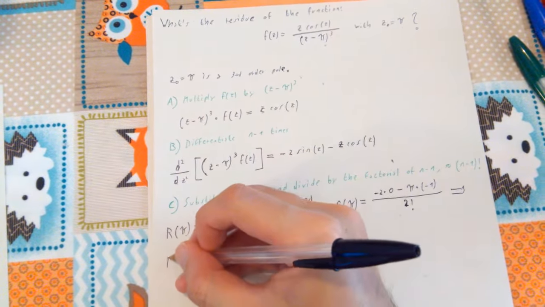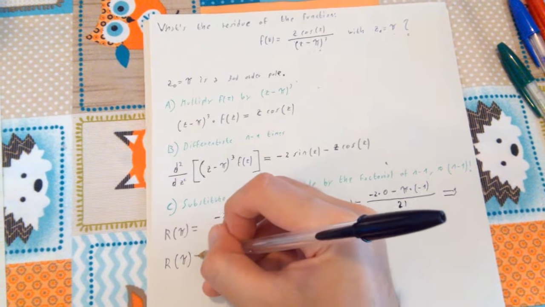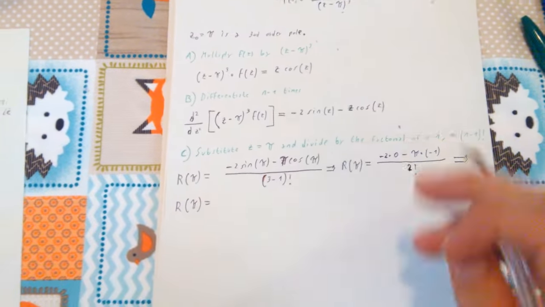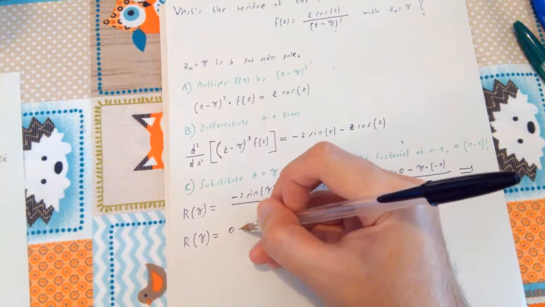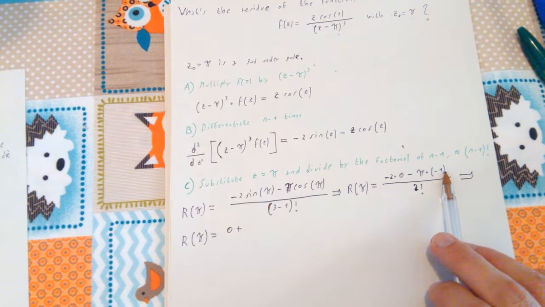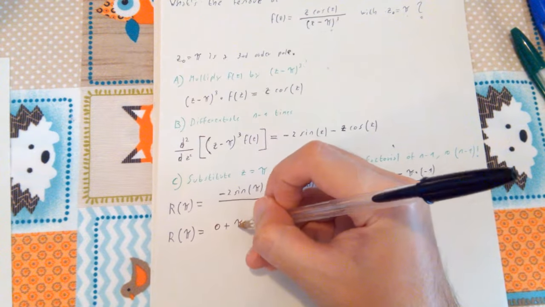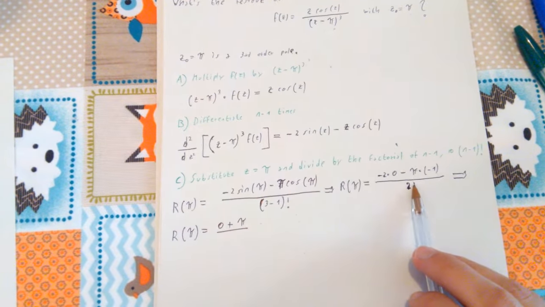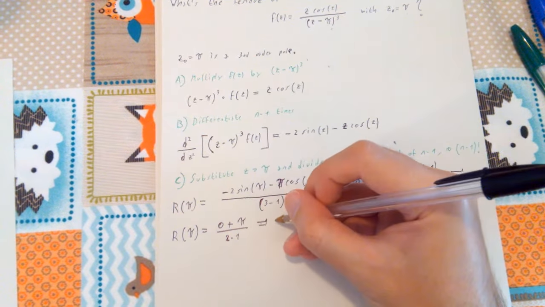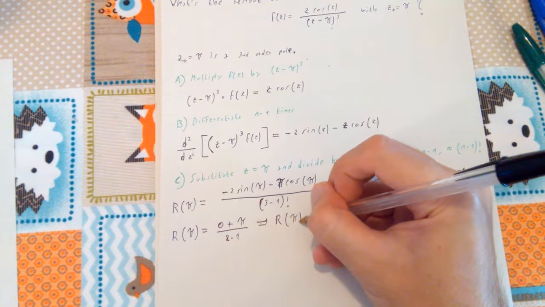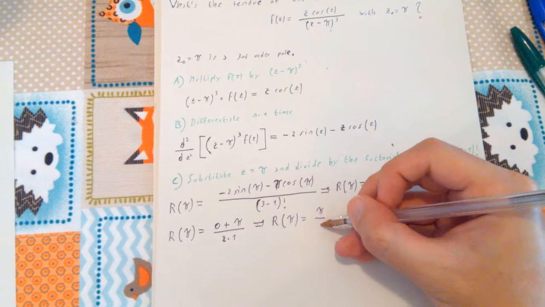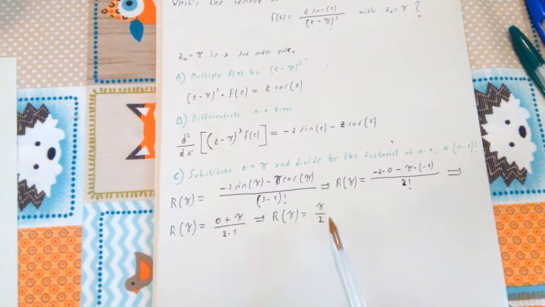Again, negative 2 times 0 is 0, plus, because we have minus and minus, so plus pi times 1 is pi, over 2 factorial, which is 2 times 1. So finally the residue at pi is 0 plus pi is pi, over 2. So pi over 2.